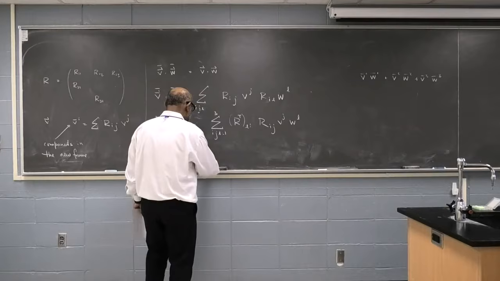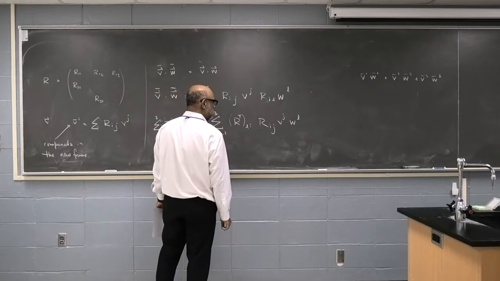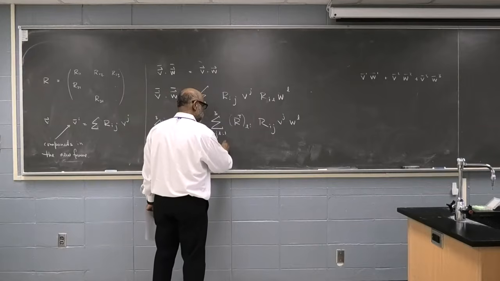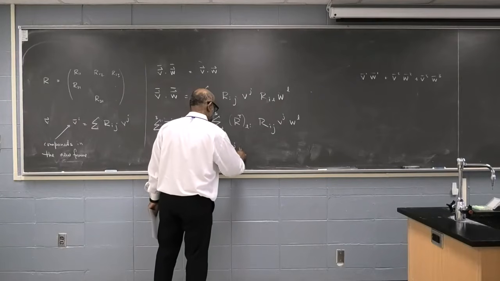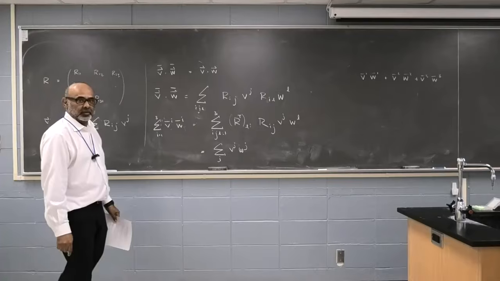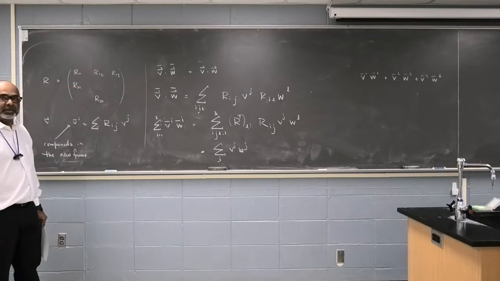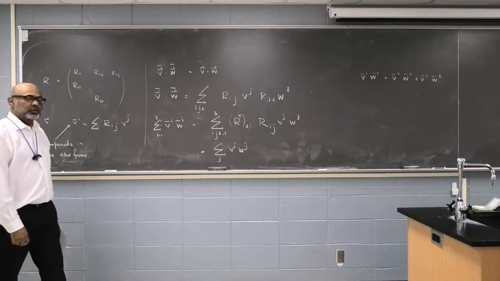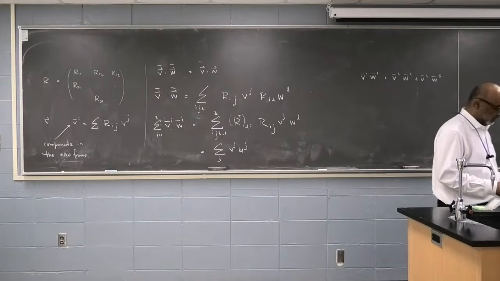3. And I want this to be nothing more than that. That's where I want to end up. This has to be the same for any choice of V and W. When does this happen?